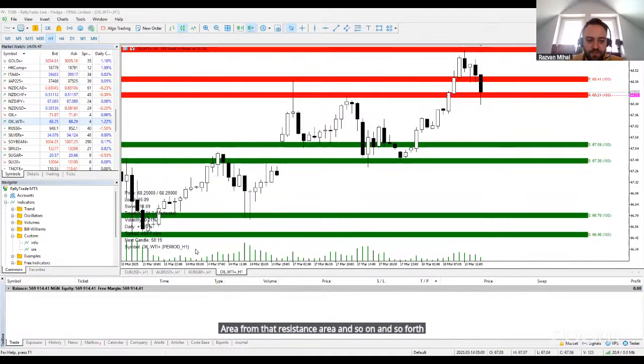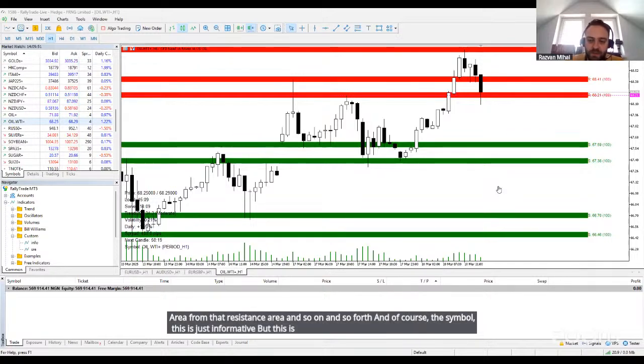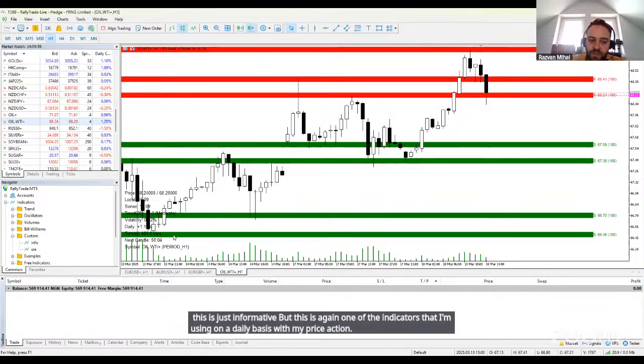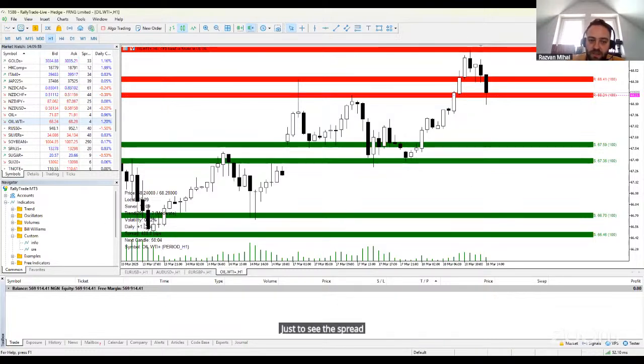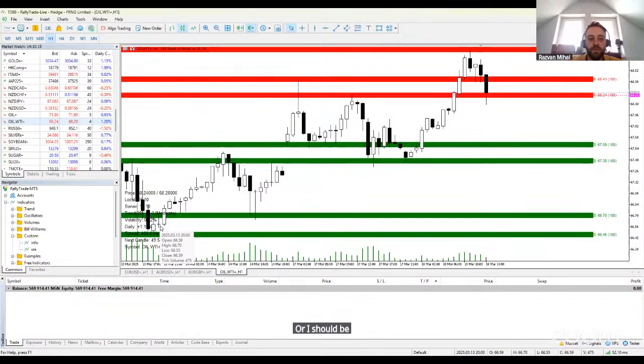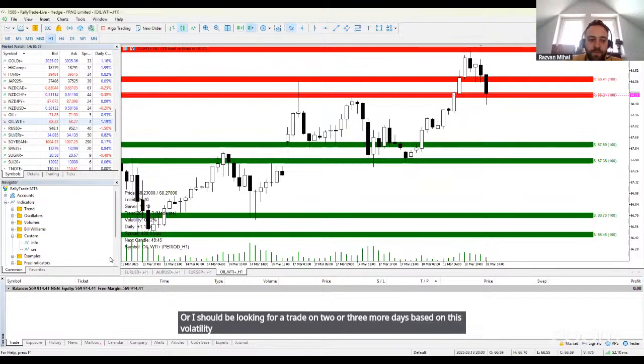And of course, the symbol, this is just informative. But this is, again, one of the indicators that I'm using on a daily basis with my price action, just to see the spread and especially the daily movement of that instrument, which is very important when it comes to expectations, to know whether it has the capacity to hit my take profit in the same day, or I should be looking for a trade on 2 or 3 more days based on this volatility average.